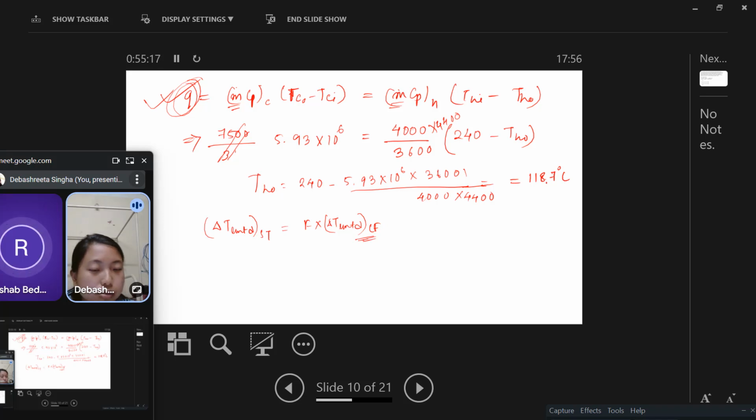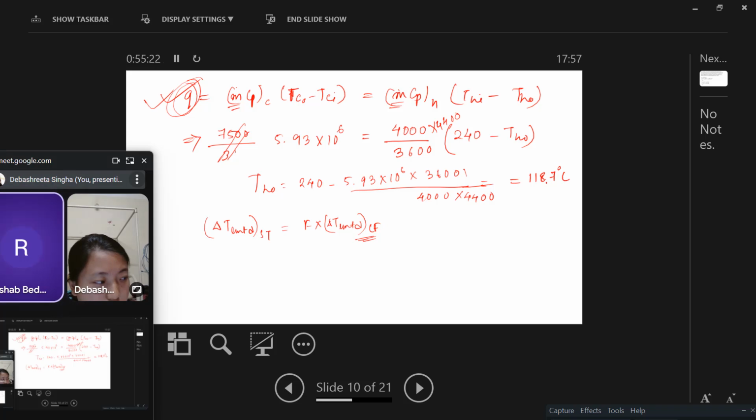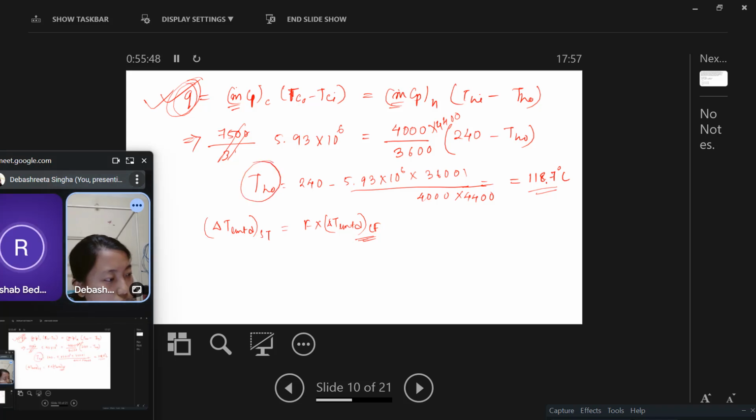For counter flow, ma'am, here is a mistake. It should be 3600 divided here for converting hour to second in this equation. The answer is to be 227.87 Celsius.